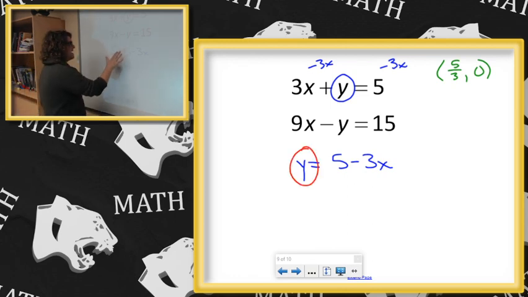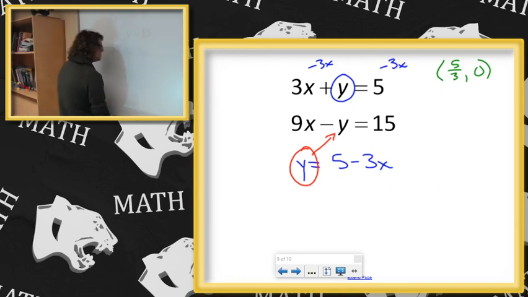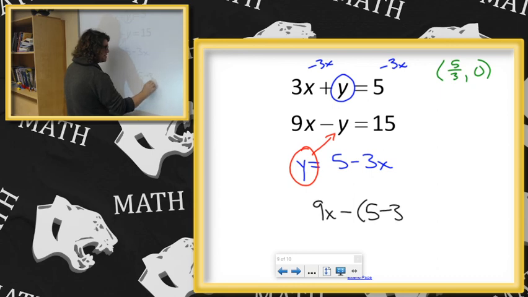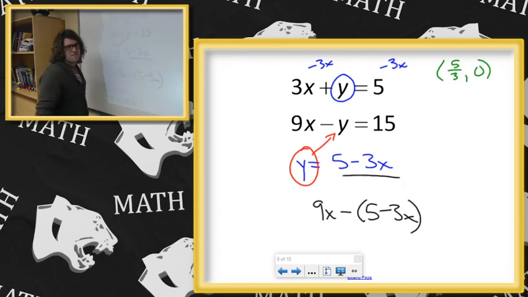So I'm going to take that and substitute it into that y position in my second equation, which is going to allow me to write 9x minus, and then I have to do this, I'm not over bracketing this time, because what I want to do is subtract y. y is the entire expression, 5 minus 3x.